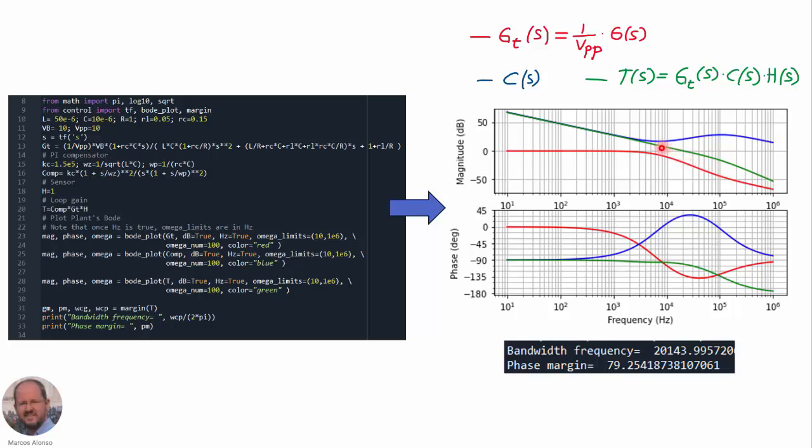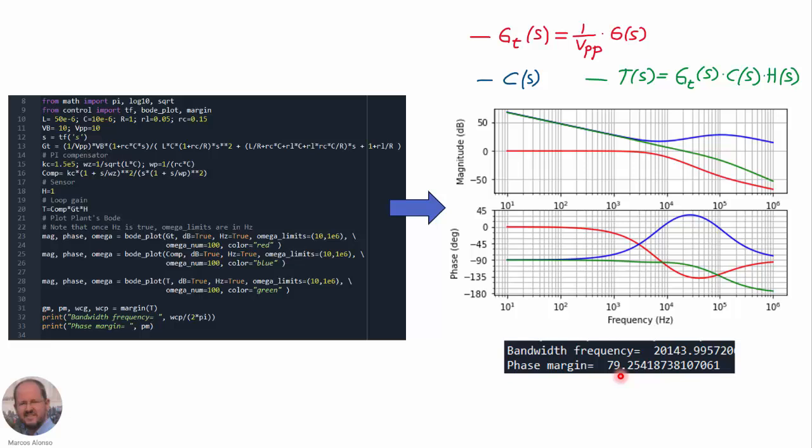And then we have adjusted the parameter Kc shown here to this value, 1.5 times 10 to 5. So with this, as we can see, the loop gain has a crossover frequency of around 20 kHz and the phase margin is 80 degrees.